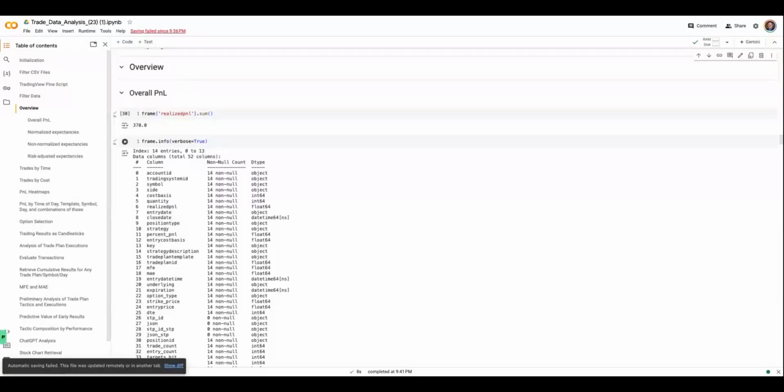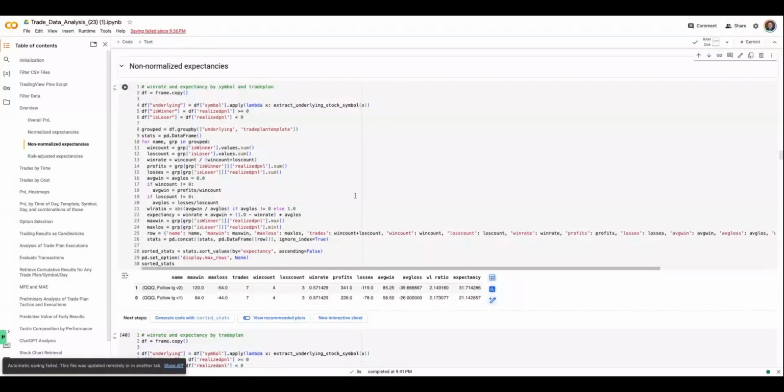Okay, so now we're going to analyze the trading that was done live today. So the overall P&L is $370. If we look at the non-normalized expectancies, you can see that the win rate is identical, 57% for both V1 and V2. The win-loss ratio is very close, but the max win and max loss are off.